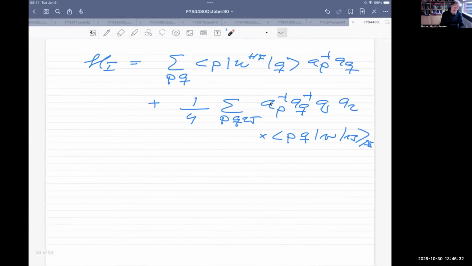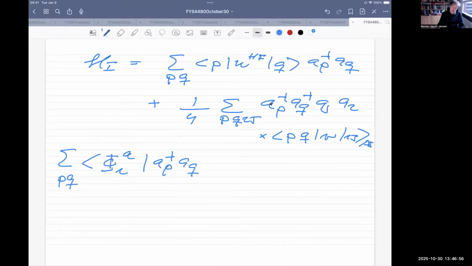So if we now look at the term which is given by a Slater determinant of the one-particle, one-hole case, and then we are going to look at the one-body operator. So we are going to have a summation over p and q. So there's a one-body operator, and later we will do the two-body operator. And then we are going to have the a_p† a_q, and this is going to act on the ground state of the system, and it's multiplied with ⟨p|u_HF|q⟩.